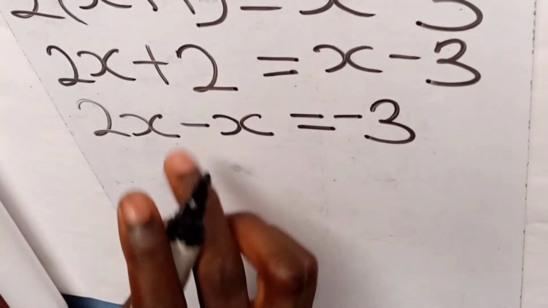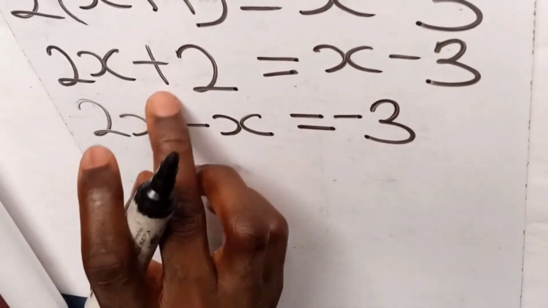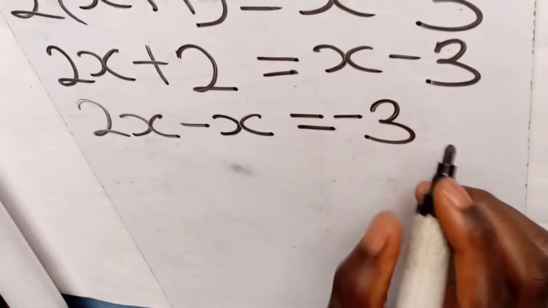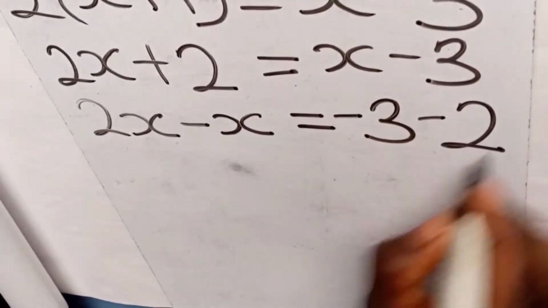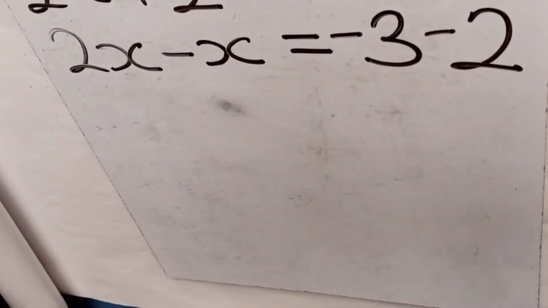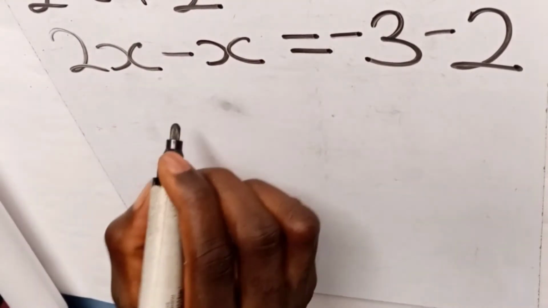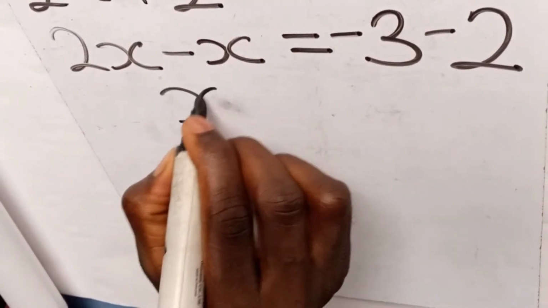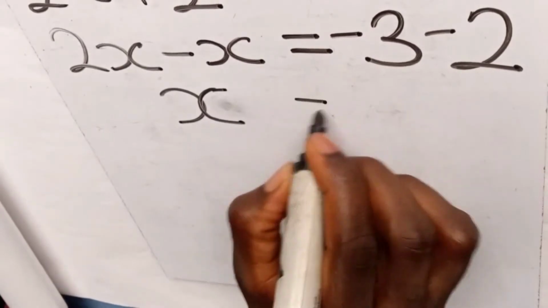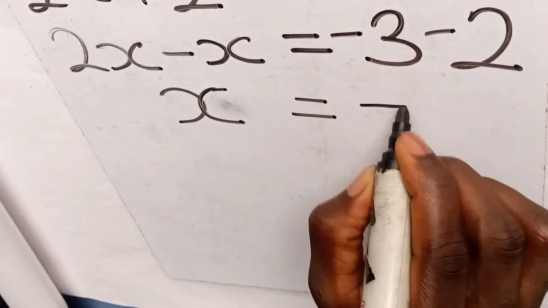Okay, so when you send this positive 2 to this side, it is positive, so it will be what? Negative. Okay, so we have 2x minus x equal to negative 3 minus 2. Okay, so 2x, you subtract x from it, you get 1x remaining. And that one is equal to negative 3 minus 2 gives you what?